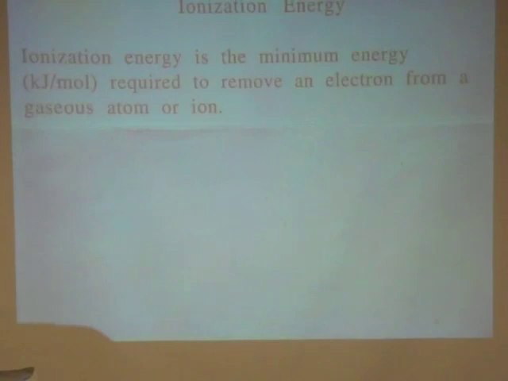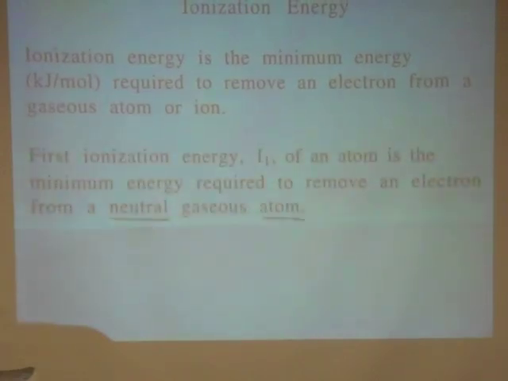Okay, so we are then talking about how easy it is to remove an electron from an atom or an ion. Start thinking about this: which valence electron would be the easiest to remove, do you think, and which ones begin to be more difficult?